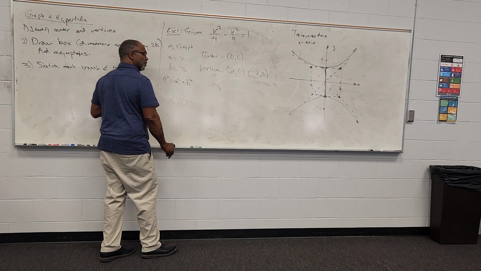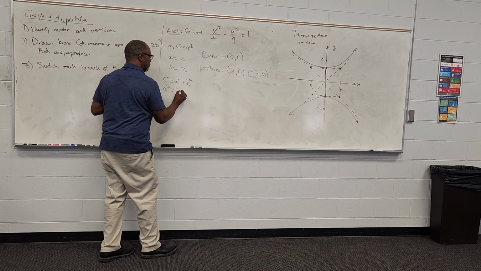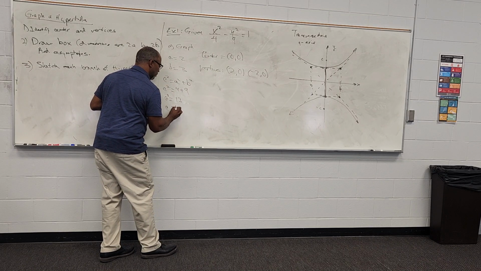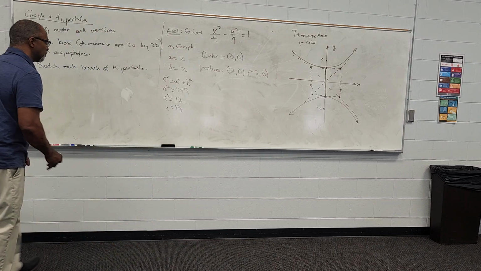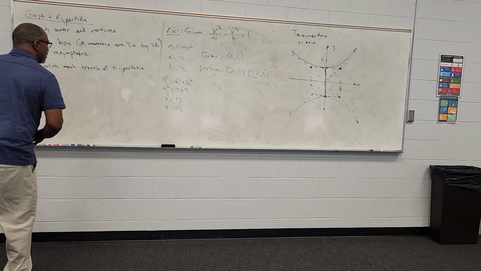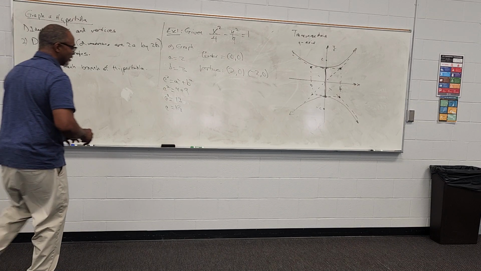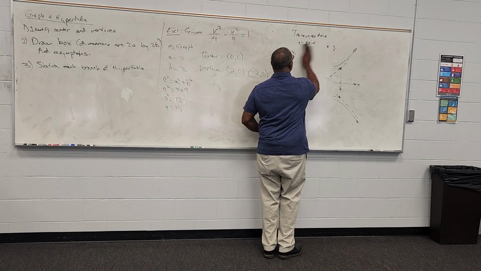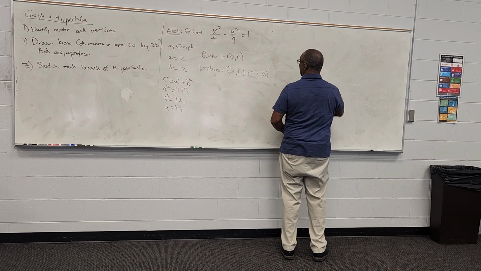If I want, I can get my foci. C squared is a squared plus b squared. So a squared was 4. B squared was 9, so C squared is equal to 13. C would be equal to the square root of 13. I've also got asymptotes, and you can write the formula and get the actual equation for the asymptote if you want to, but you don't have to.